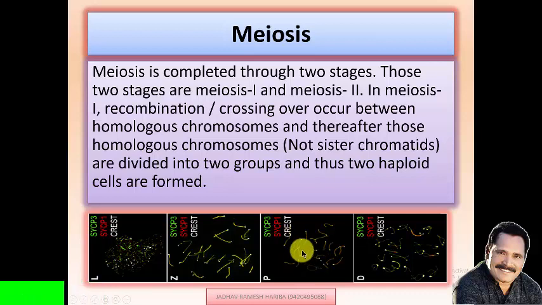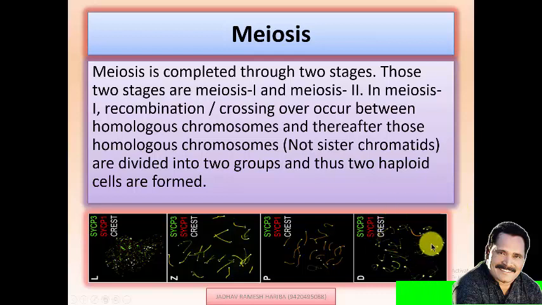In pachytene, the crossing over or recombination of the genetic material occurs. In the last stage, diplotene, the chromosomes become thick threads.